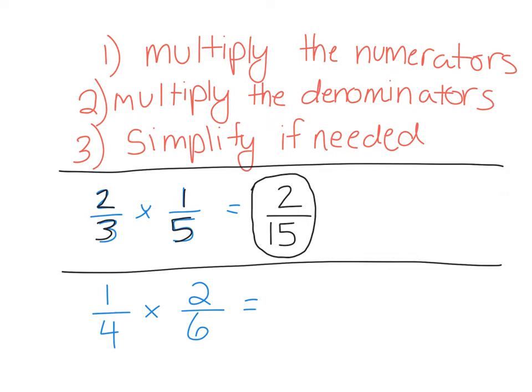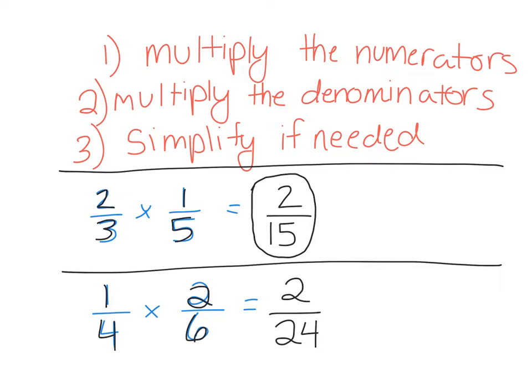Here's another one. 1/4 times 2/6. I'm going to multiply the numerators, multiply the denominators, and simplify if needed. So 1 times 2 is 2. And 4 times 6 is 24. 1/4 times 2/6 is 2/24.